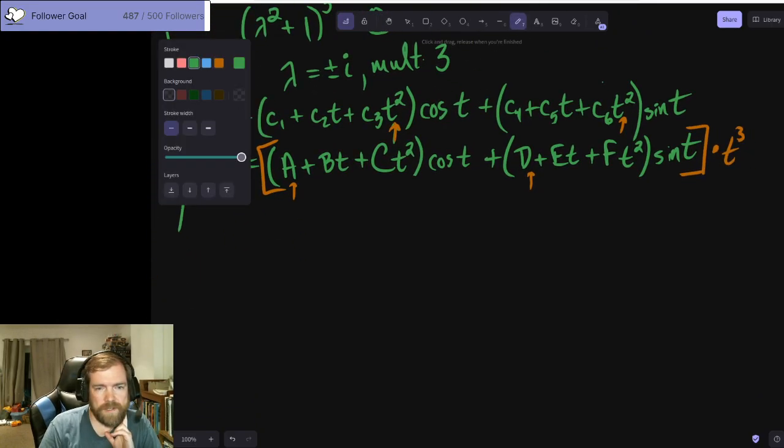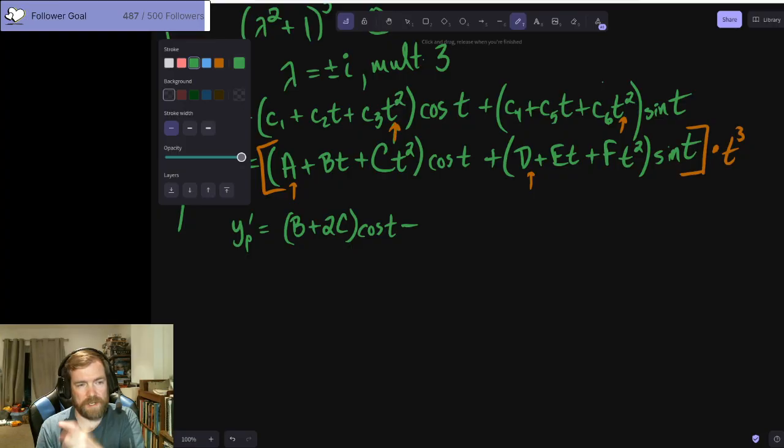So then y particular prime is going to be, a is gone, so b plus 2c times the cosine of t minus, because we're going to take the derivative of cosine and get a negative sign, times a plus bt plus ct squared.